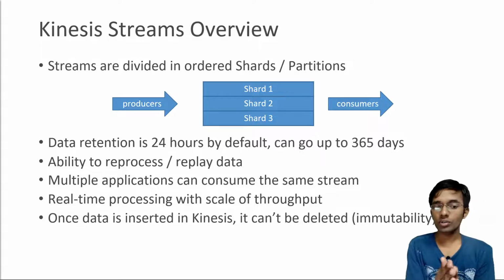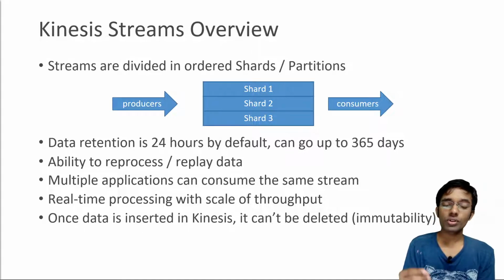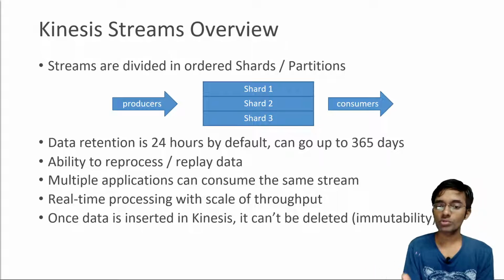Okay, so now Kinesis Streams, we will see that in detail. Streams are going to be divided into shards, and a shard is similar to a partition, and the shards you have to provision in advance. So your producers are going to produce data to a shard, and consumers are going to consume data from a shard.